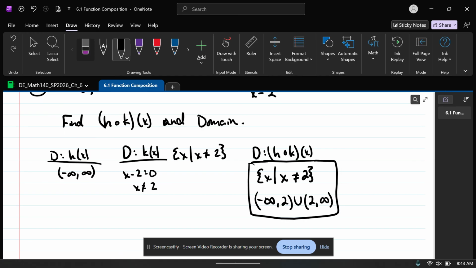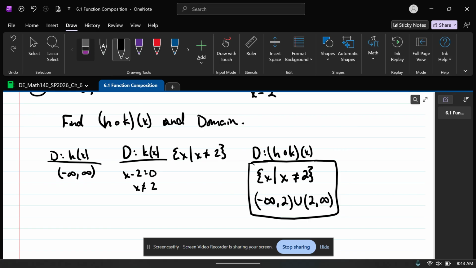The reason I'm going through finding the domain without finding the composite function first is because sometimes that's all they want you to do. I'm going to show you why being able to do that is important, because we're going to go ahead and find this composite function. If you've got to find the composite function to find the domain of it, you can run into some really tough algebra.